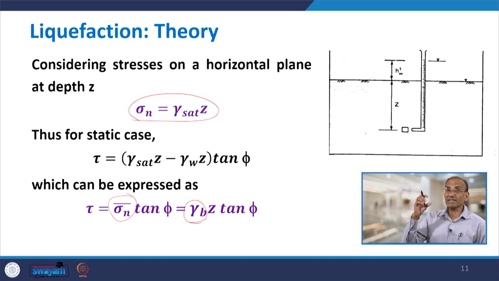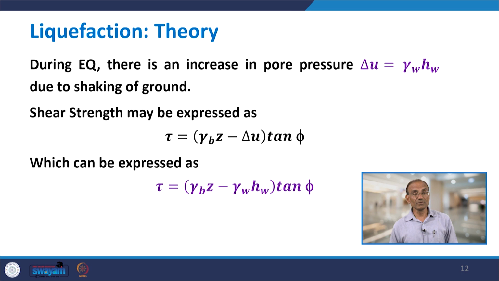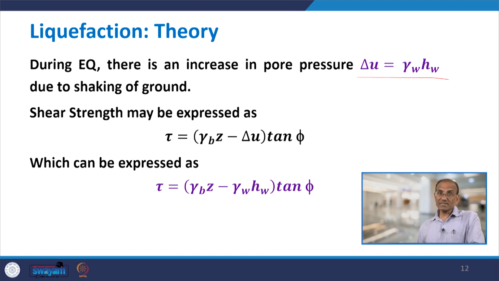So, this additional head is created due to the shaking. During an earthquake there is an increase in pore pressure, and this increase can be represented by delta U, which is gamma W into HW, due to shaking of the ground, and shear strength in this case may be expressed as tau equal to (gamma submerged into Z minus delta U) into tan phi.